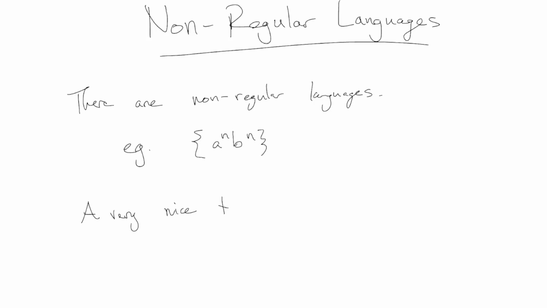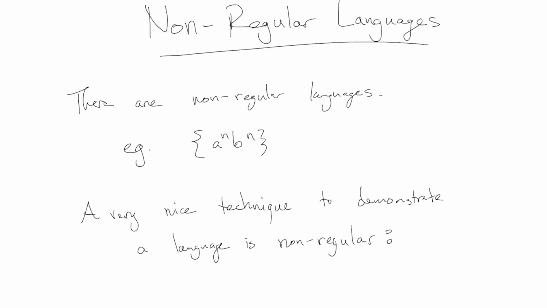So what we're going to talk about is a very nice technique for demonstrating that a language is non-regular. If you think about it, from a theoretical point of view this should seem very hard, to show something is not regular.